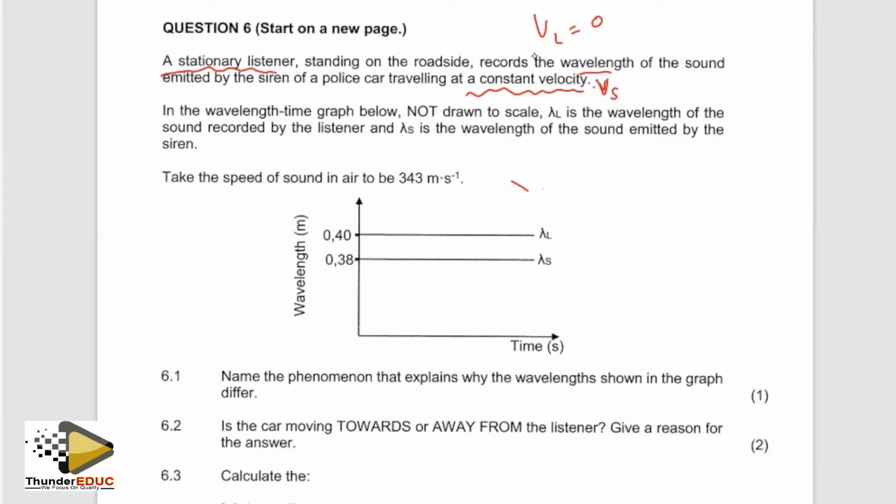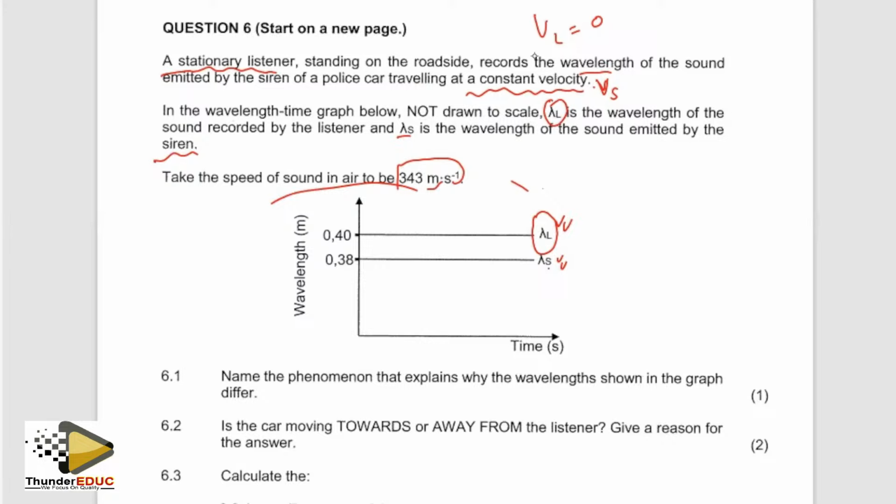In the wavelength time graph below, which is not drawn to scale, lambda L is the wavelength of the sound recorded by the listener, and lambda S is the wavelength of the sound emitted by the siren. The speed of sound is 343, perfect. Now we can see that the wavelength that is recorded is higher than the wavelength that the source is emitting.